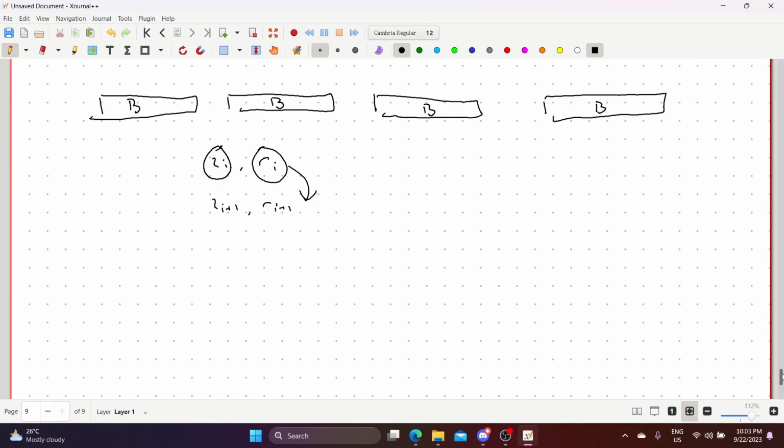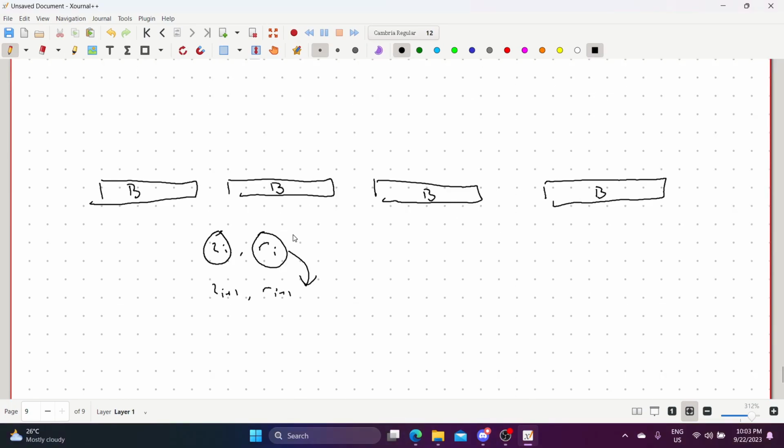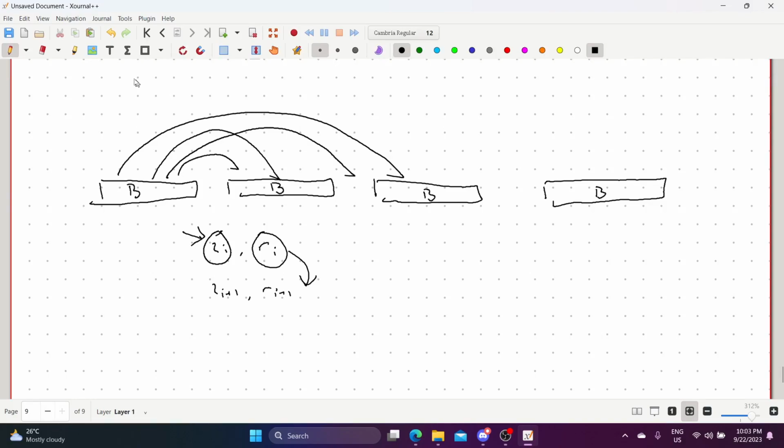So the queries will be something like this: this is the first query, this is the second query, then the third query, fourth query, fifth query.